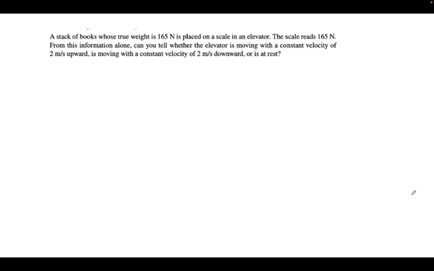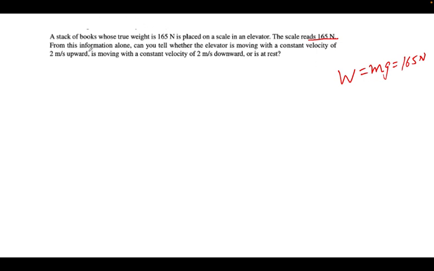A stack of books whose true weight is 165 Newton is placed on a scale in an elevator. So some books have been placed whose weight is 165 Newton. The scale which is in the elevator is also showing a reading of 165 Newton.